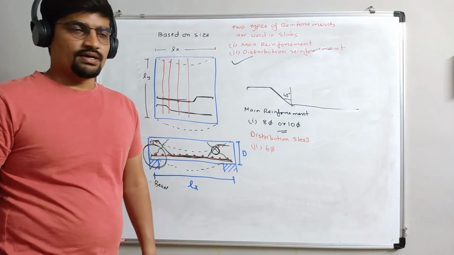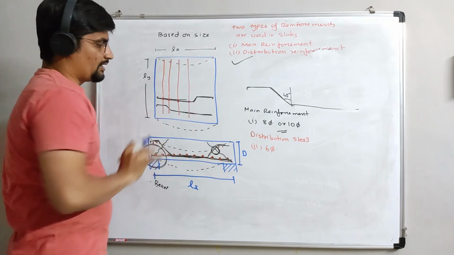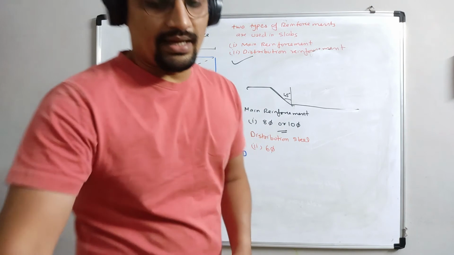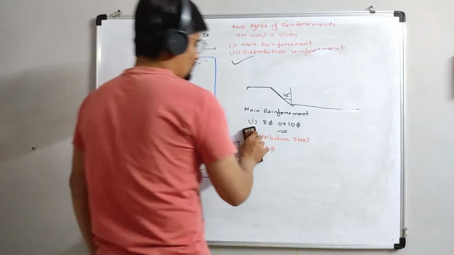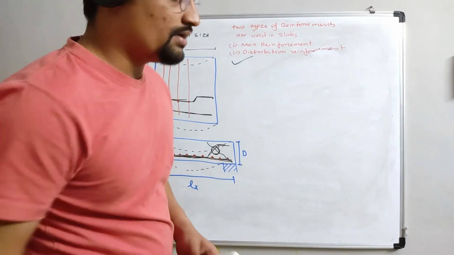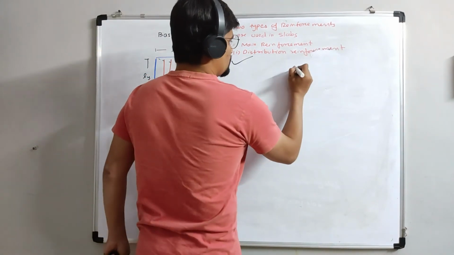So this is our one-way slab. Now the main thing of design is to provide reinforcement.